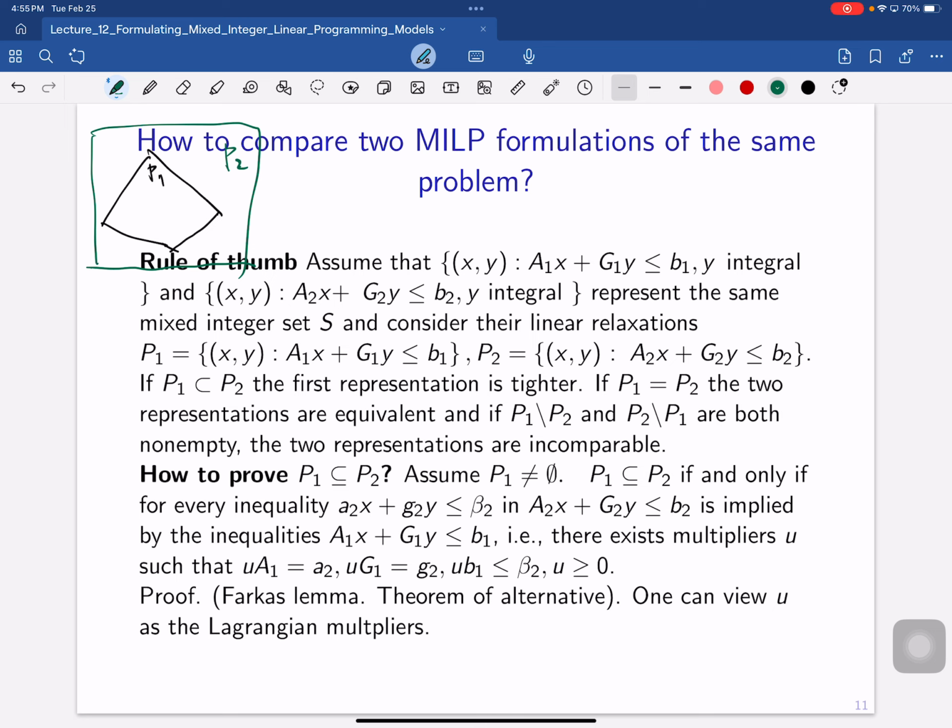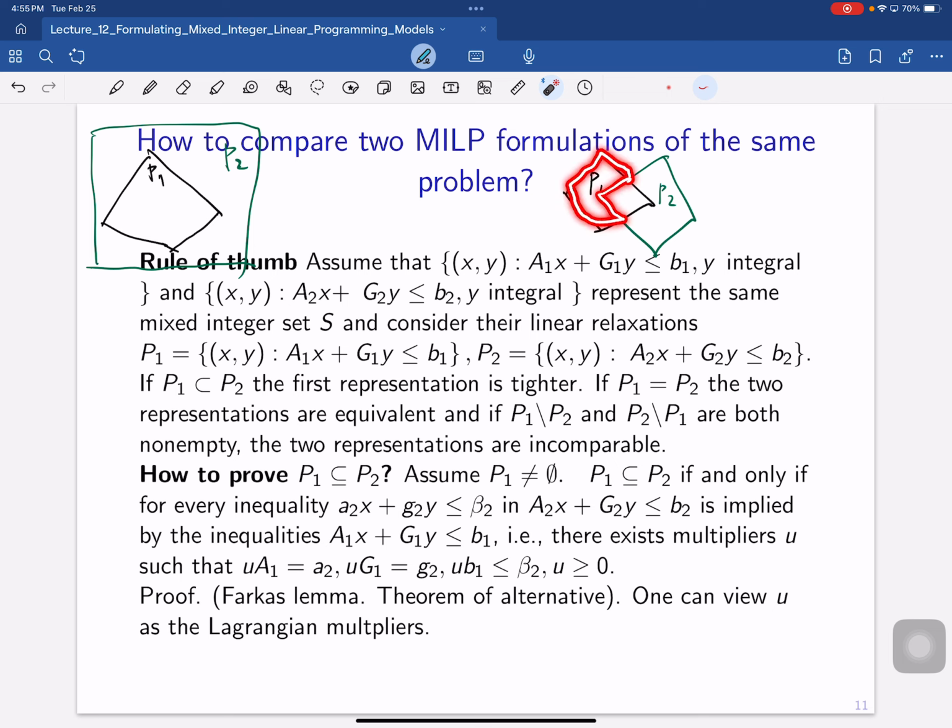But if you have two problems that look like this, let's say this is P1 and this is P2, in this case they are incomparable. Because if you remove P2 from P1, which means taking the difference of two sets, you are left with this region here.